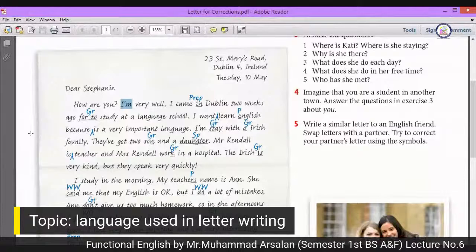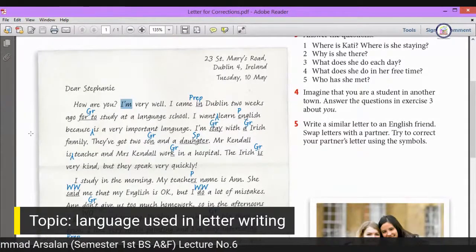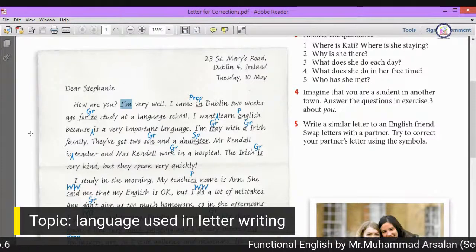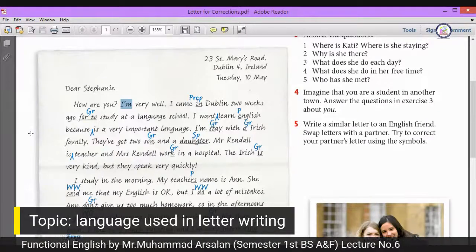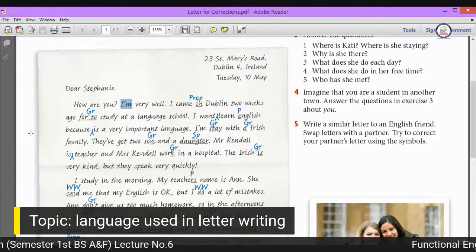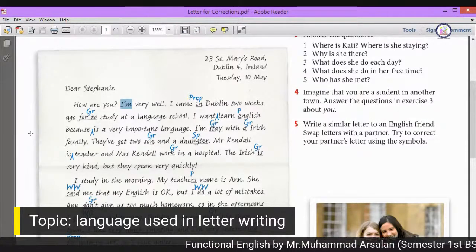Mr. Kendall is a teacher. Mrs. Kendall works in a hospital. The Irish is very kind. They speak very quickly. Got my point? So you can find the kind of casual attitude.